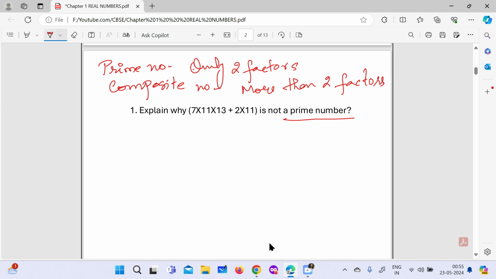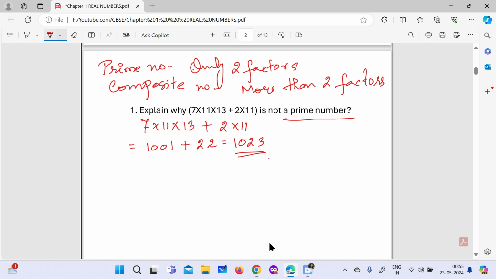To work on it, let's simplify this. 7 times 11 times 13 gives us 1001, plus 22, which gives you 1023. Now we have simplified the number.